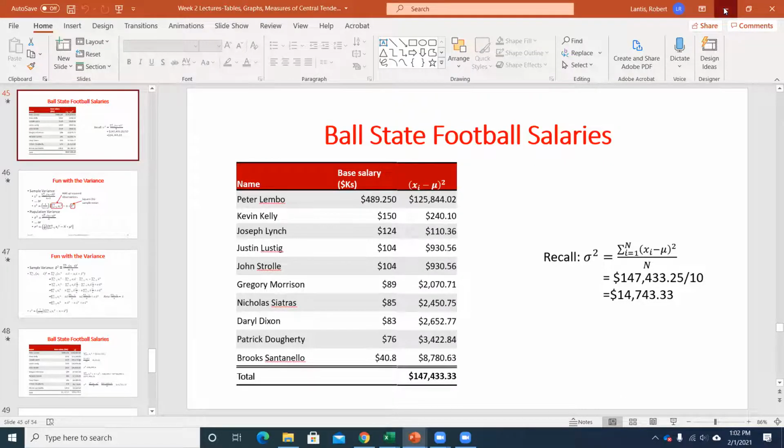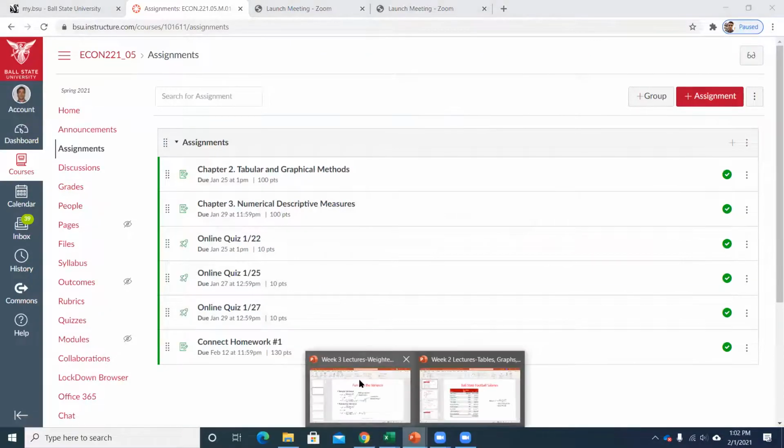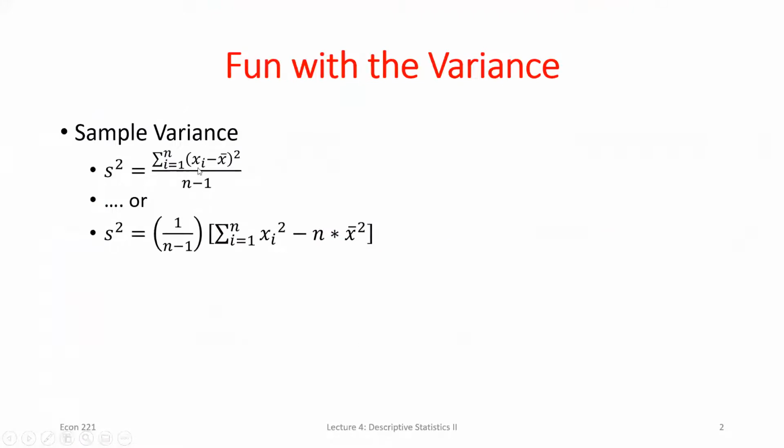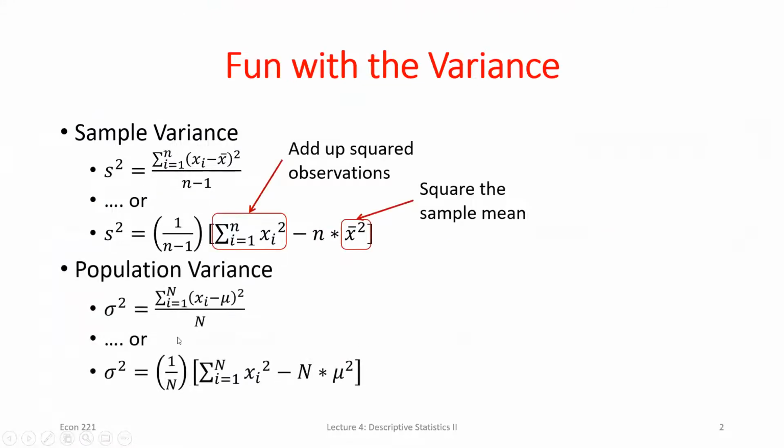What I wanted to show you today, so I actually get to this week's lecture slides, is this. I showed this in terms of a sample variance, but the same thing would be true for the population variance. We can actually rewrite that variance equation in this form. Here, the sum of the x's squared means go through every single observation and square it.